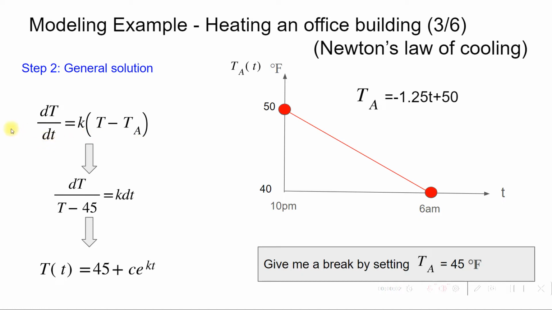So given this ODE, we're going to solve for T. But before that, let's take a look at TA. According to the question, we know that TA equals 50 degrees Fahrenheit at 10 p.m. and equals 40 degrees Fahrenheit at 6 a.m. So we have these two conditions, which are supposed to be plugged into the T of t function.